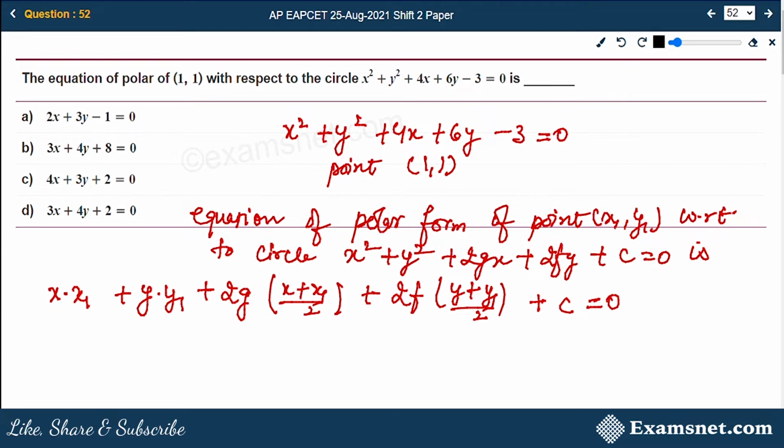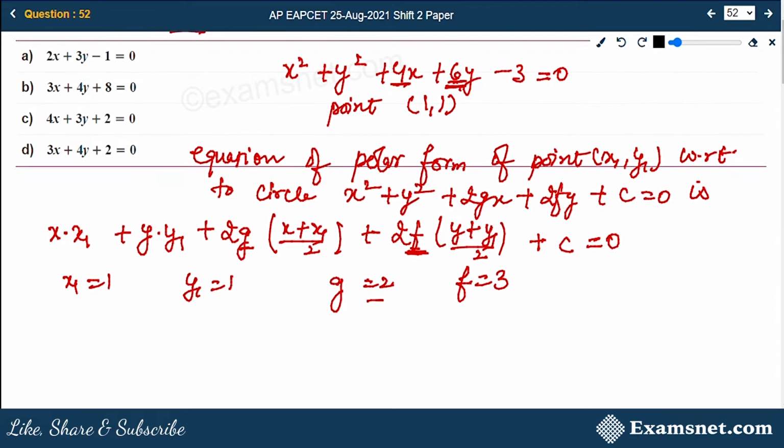You are already given the point, that is (1, 1). Let's fill in. x1 is 1, y1 is 1. What is g? Compare the equation. g is 2. What is f? f is 3. So we will now fill in the values.